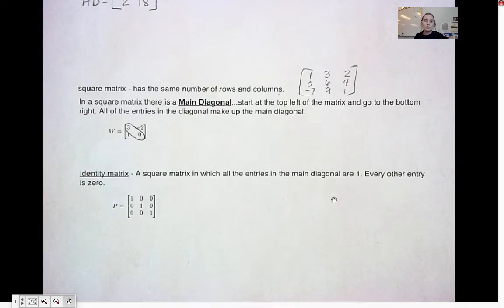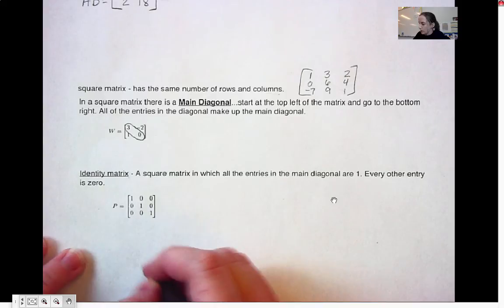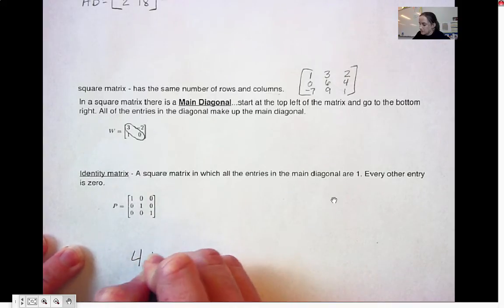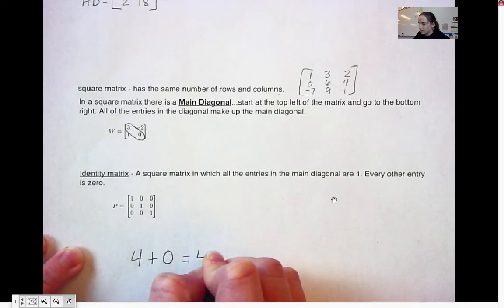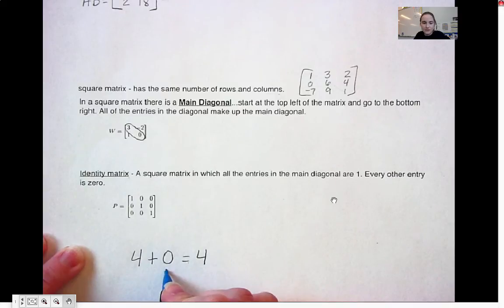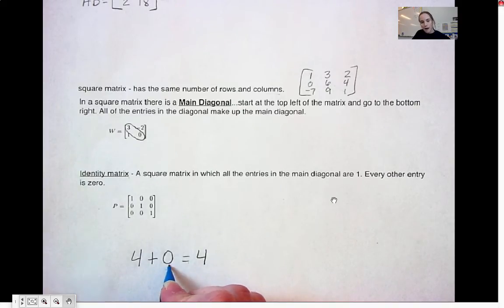The next thing that you need to know about is an identity matrix. If you think back to how we discussed an identity at the beginning of the year, if you have 4 plus 0, you get 4. The additive identity is 0 because that's the number that will give you back whatever you start with.